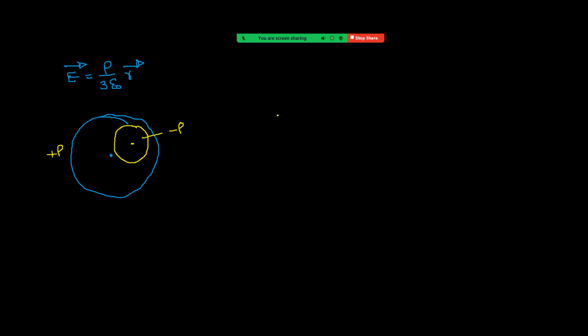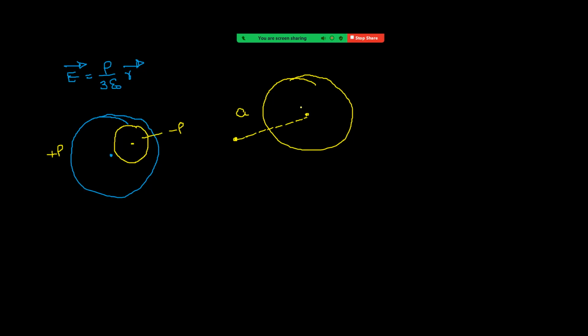I will make the diagram once again clearly. This is the cavity. This is the center of the bigger sphere, and the distance between the two centers is a.